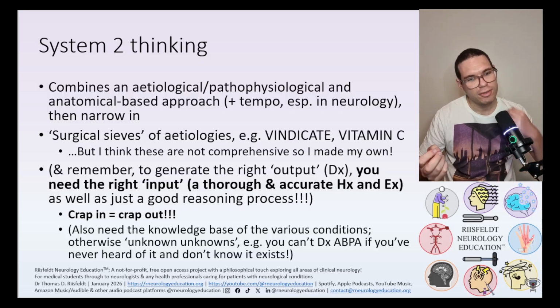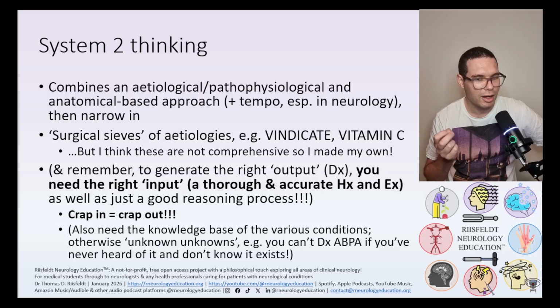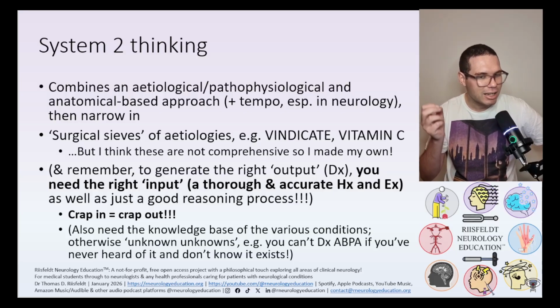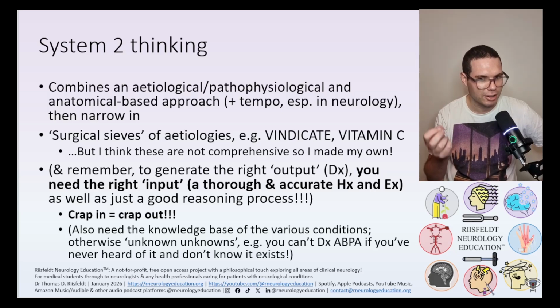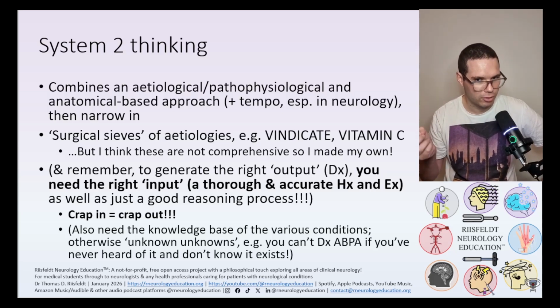The other point to remember is that in order to generate a good output, the diagnosis, you need to have the right input. That means having a thorough and accurate history and examination, as well as having a good diagnostic reasoning process.